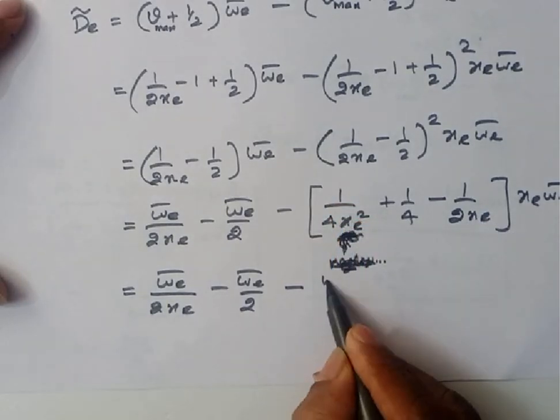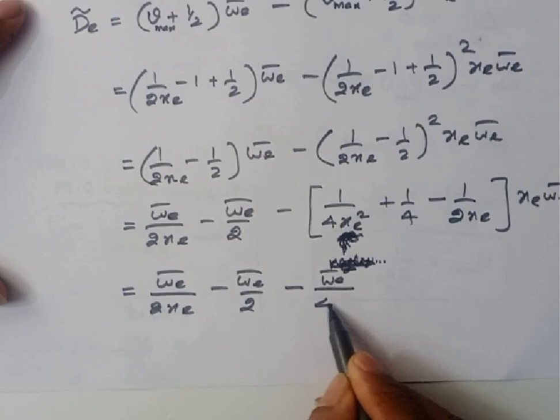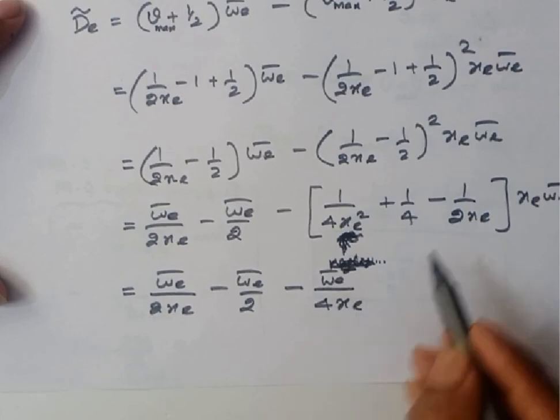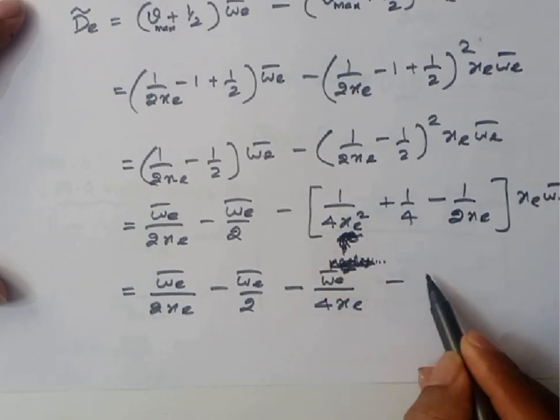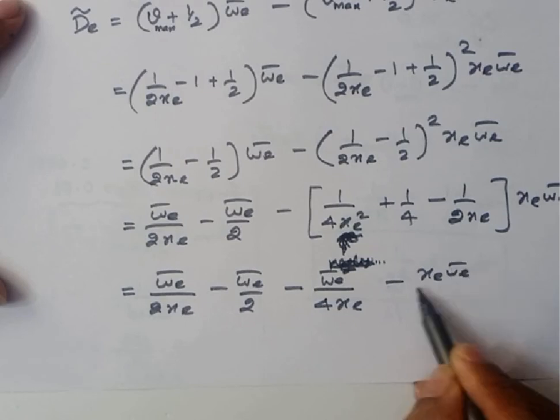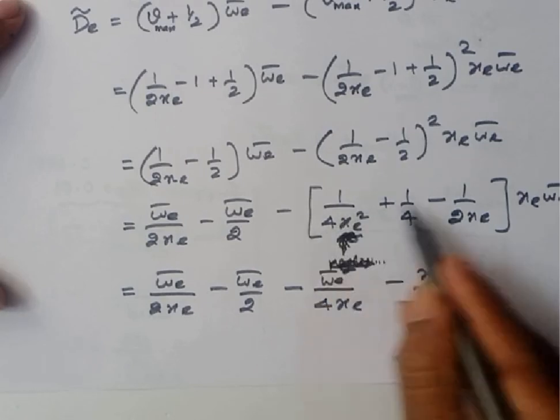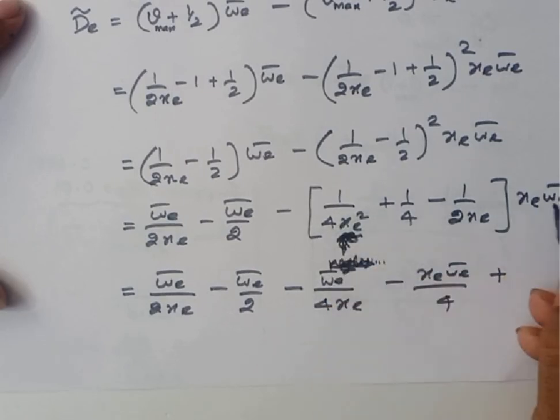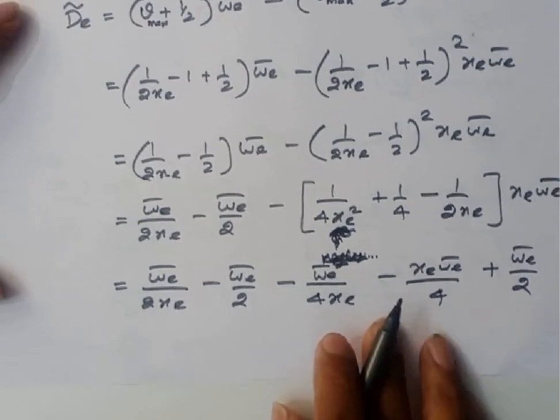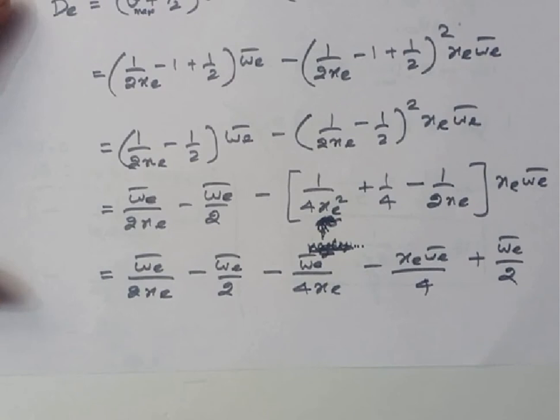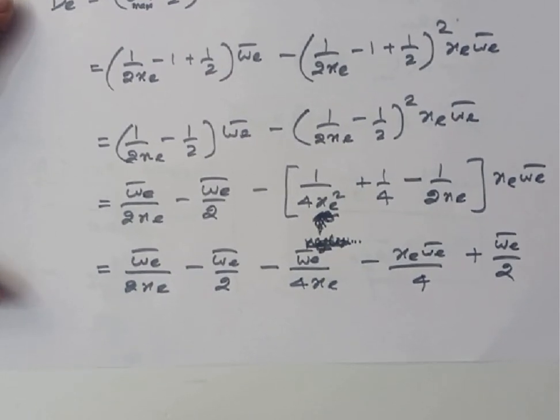So you will get omega e bar by 4 Xe, and here minus Xe omega e bar by 4, and here minus of minus becomes plus. If you multiply this, Xe cancels, and you get omega e bar by 2. Is this clear, students? Any doubt? Observe this carefully. I just expanded it, that's all.